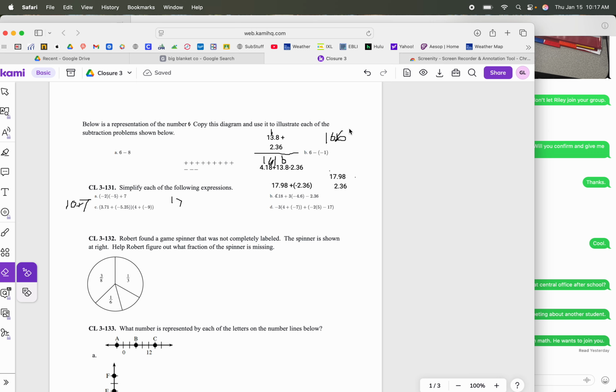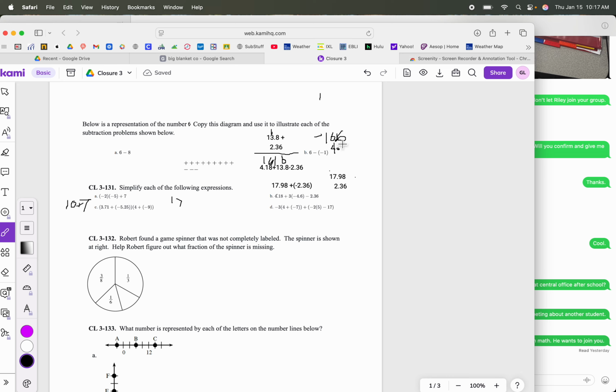Yeah, so this should be negative 16 and 16/100ths. And to that, I can combine it with 4 and 18/100ths. We're going to go with absolute value. I'm going to write it underneath. The signs are different, so this becomes a subtraction problem.